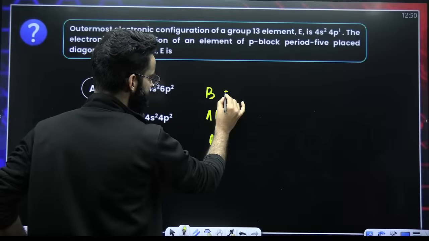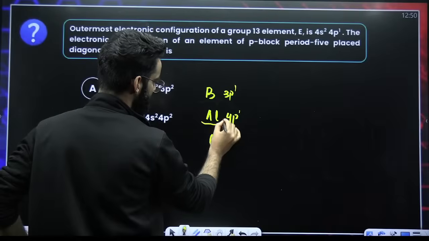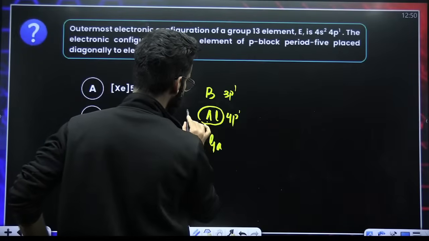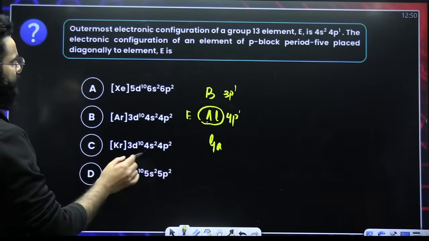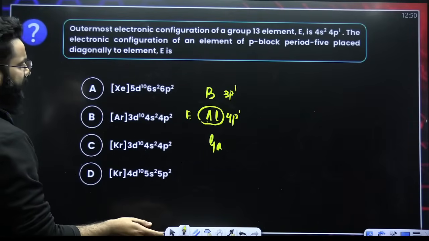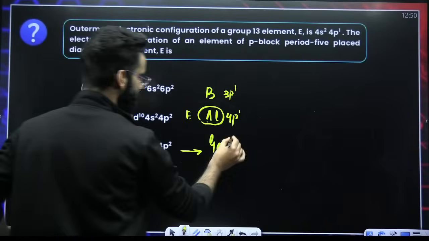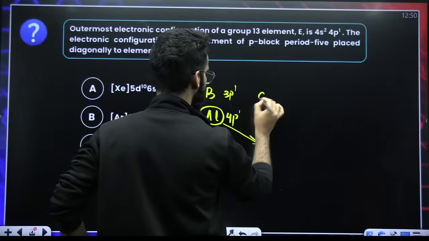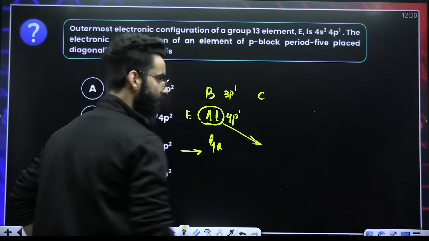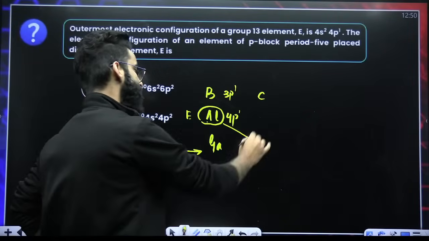Boron's outermost configuration is 2p1. Aluminium is 3p1. So he is talking about the element aluminium. So E is your aluminium, first of all. The element of the p block placed in period 5, diagonally to the element. Over here, boron, carbon. Right? Perfect. Now guys, after this, silicon.